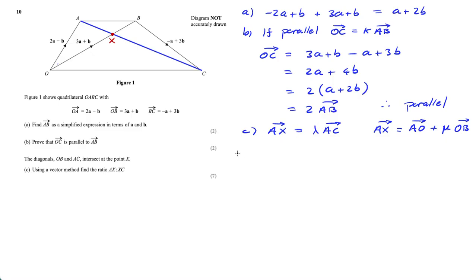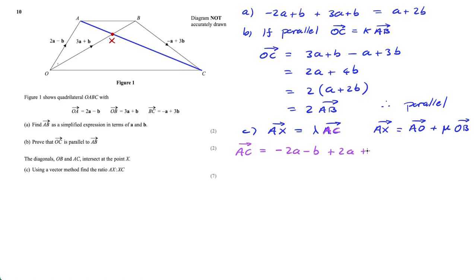So AC, let's do this in a different color. AC is equal to, because I'm trying to find this AC, minus 2a minus b. So I'm going to go down here, plus OC, and we know OC is this, so plus 2a plus 4b.